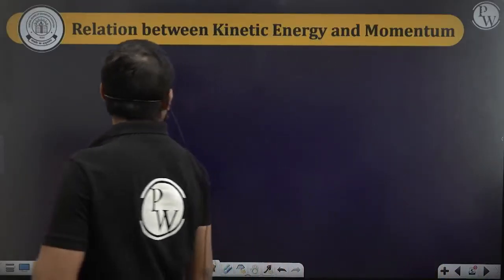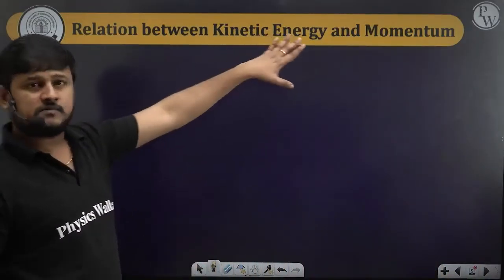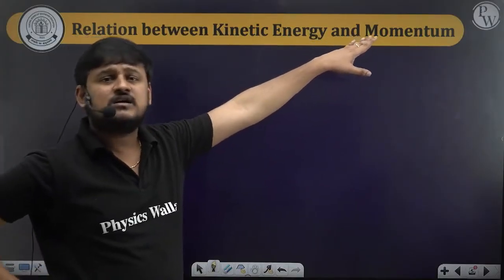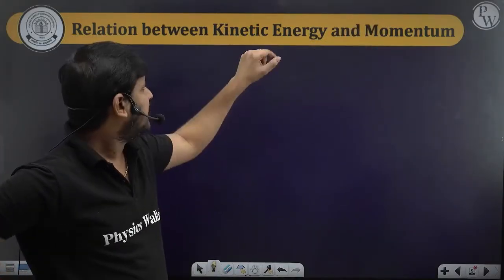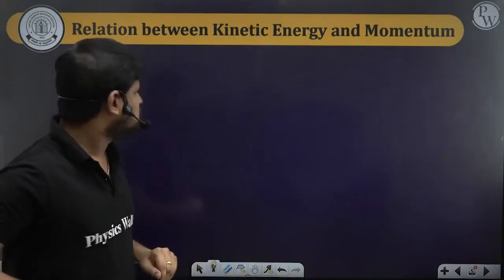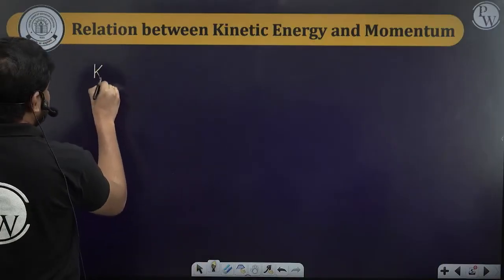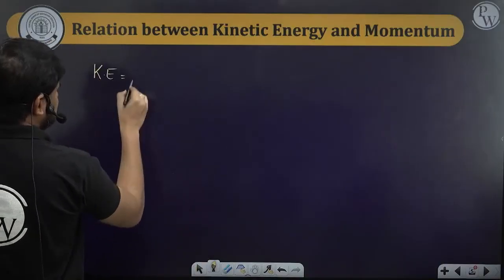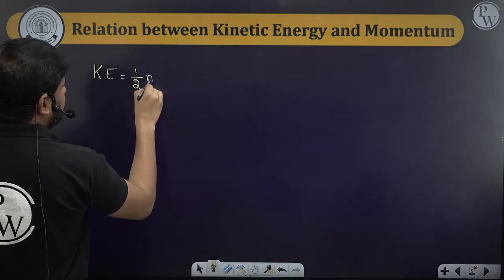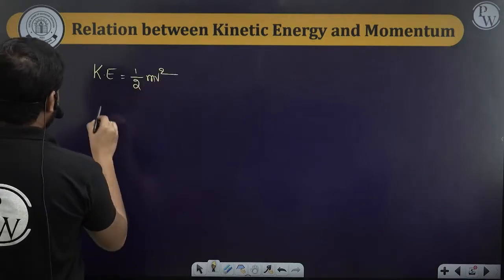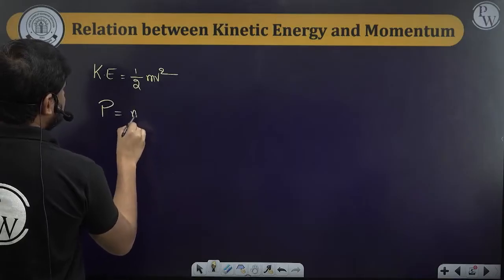So what is the relation between kinetic energy and momentum? Momentum we have studied in NLM, Newton's laws of motion, and kinetic energy we just discussed now. So let's write both the formulas in one place. The kinetic energy is equal to half mv square, right? And then we know that the momentum p is equal to mv.